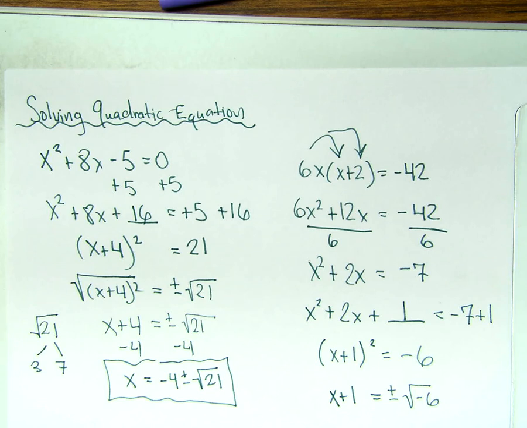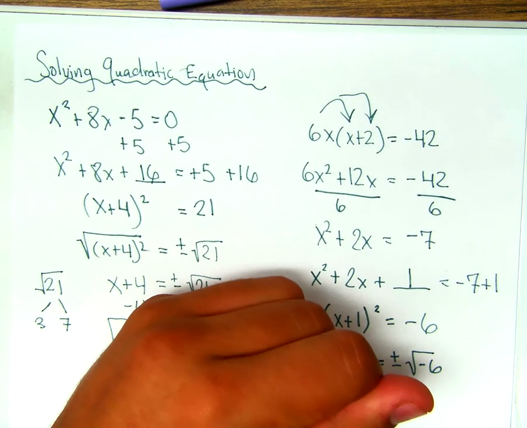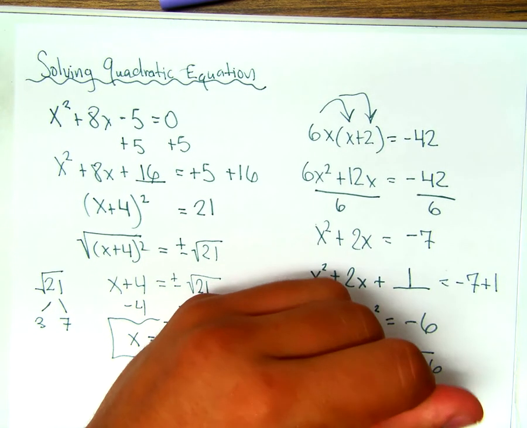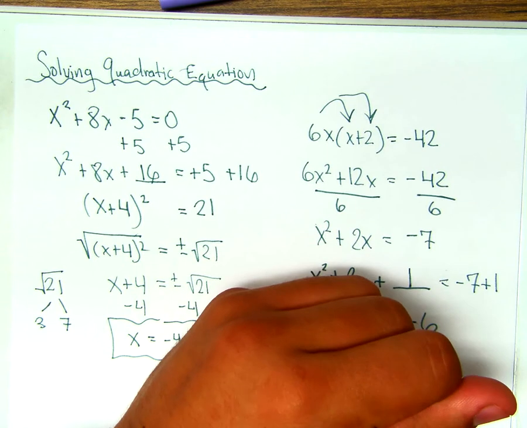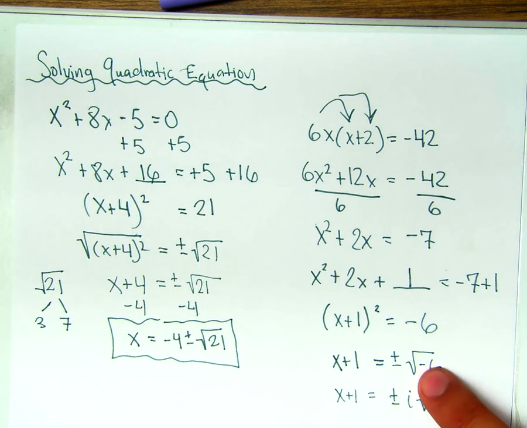We know the square root of negative 1 is i. So we can rewrite this as x plus 1 equals plus or minus i times the square root of 6. So all we did was, negative 6 is like negative 1 times 6. We took the square root of negative 1, and the square root of negative 1 is i.